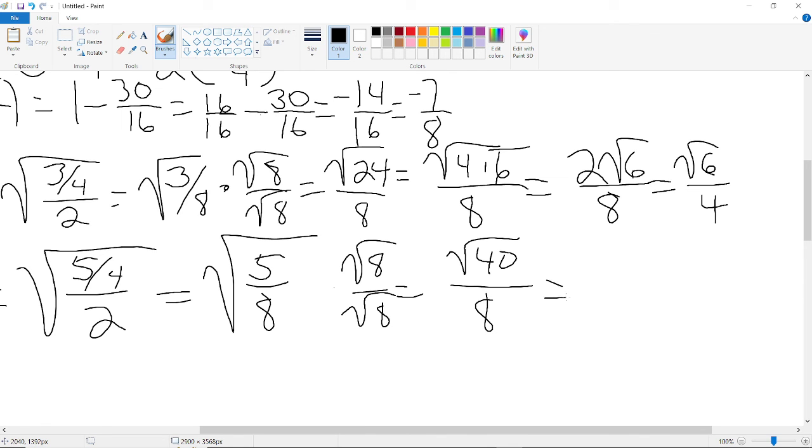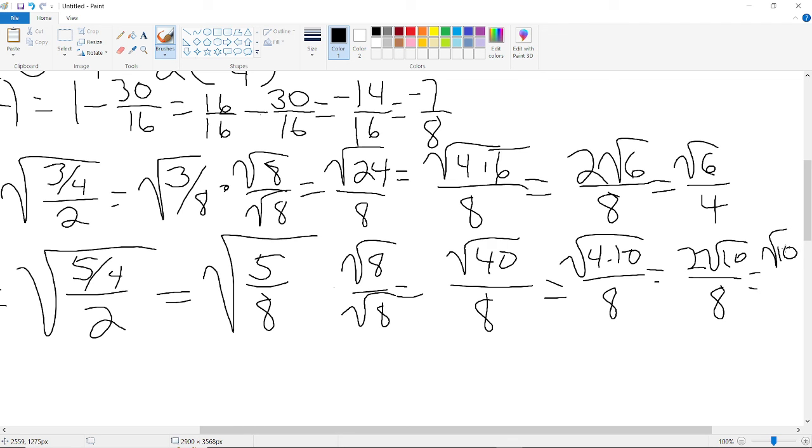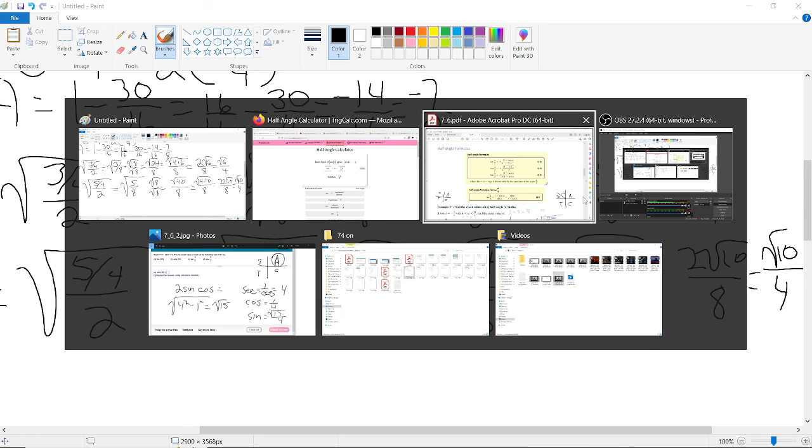And 40 is square root of 4 times 10 over 8. And that gives us 2 square root of 10 over 8. And that gives us square root of 10 over 4. And let's check it in our calculator.